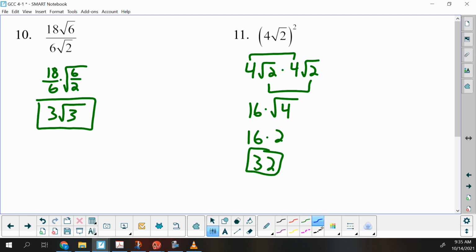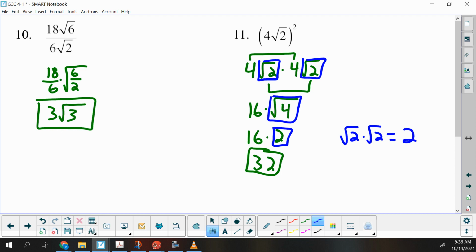Now, something that's going to play a role in our next few examples that I want to point out. Notice we did square root of 2 times square root of 2, which became square root of 4, which then eventually became 2. So really, square root of 2 times square root of 2 ended up in the long run equaling 2. Well, let's think about square root of 3 times square root of 3.